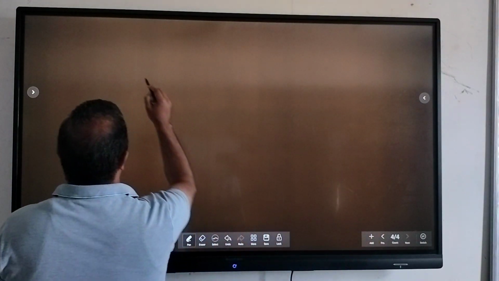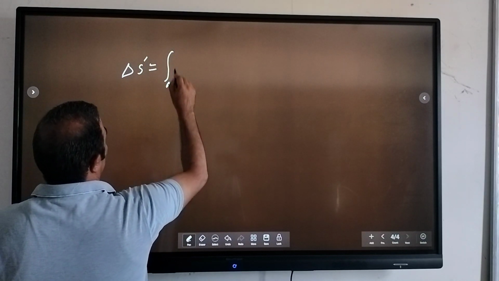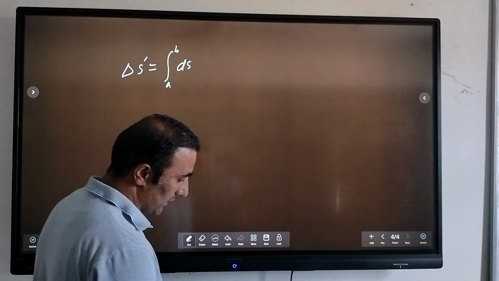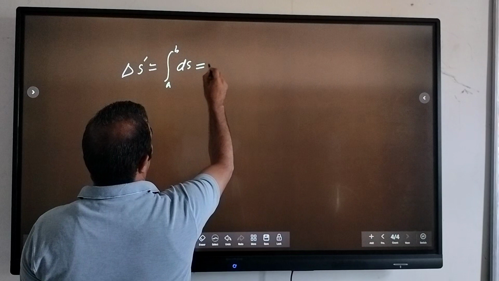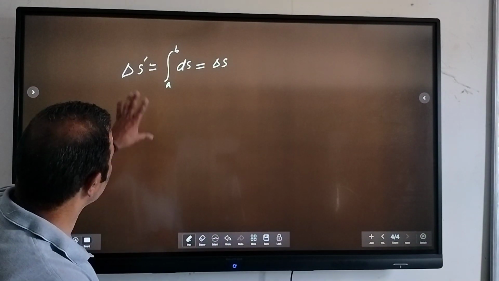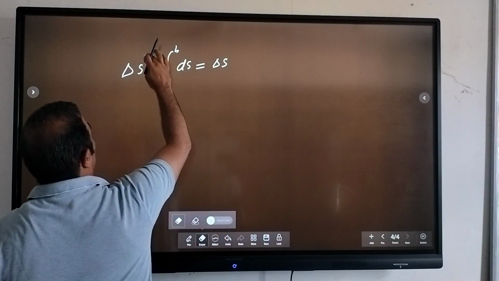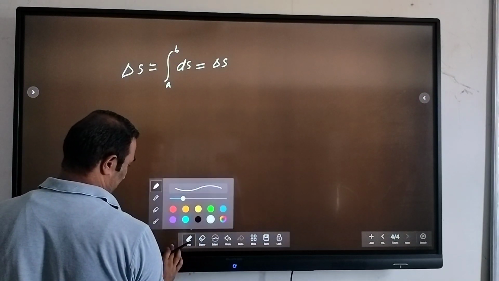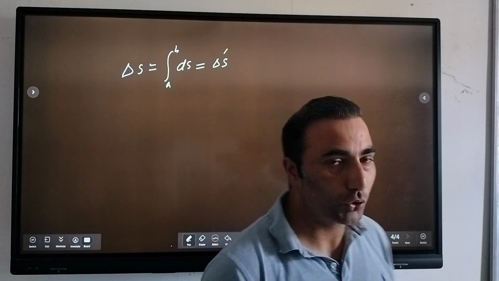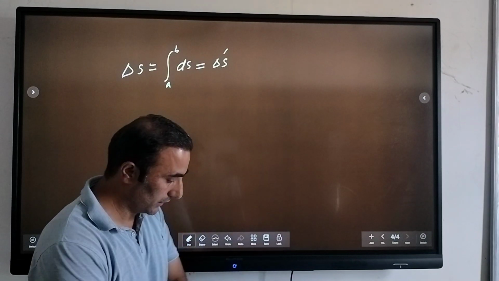Like if we have this, we can calculate that delta S prime will be equal to the integral from A to B of this length element ds, and this will be equal to delta S. So it should be prime. So this is the length element. You can also calculate it by integrating that equation from some limits A to B. You calculate that length, right?